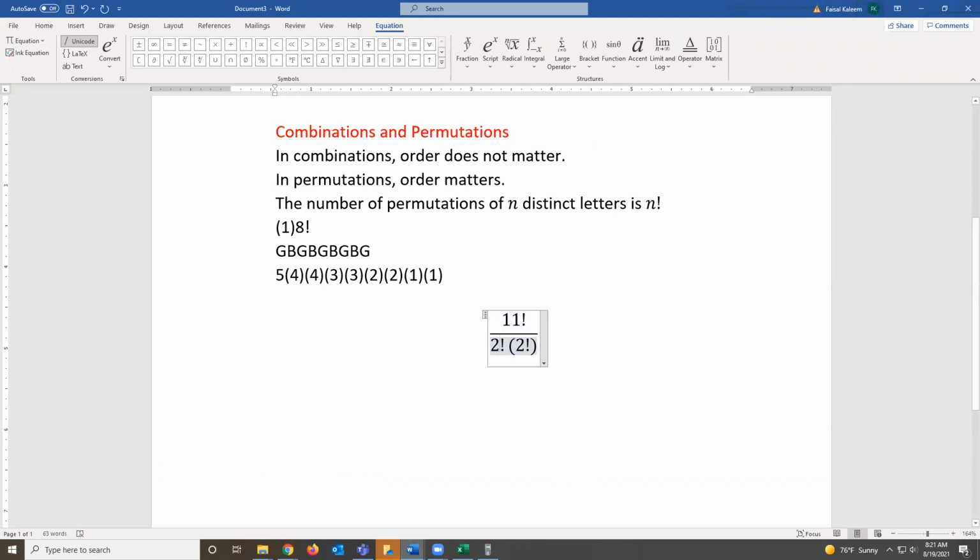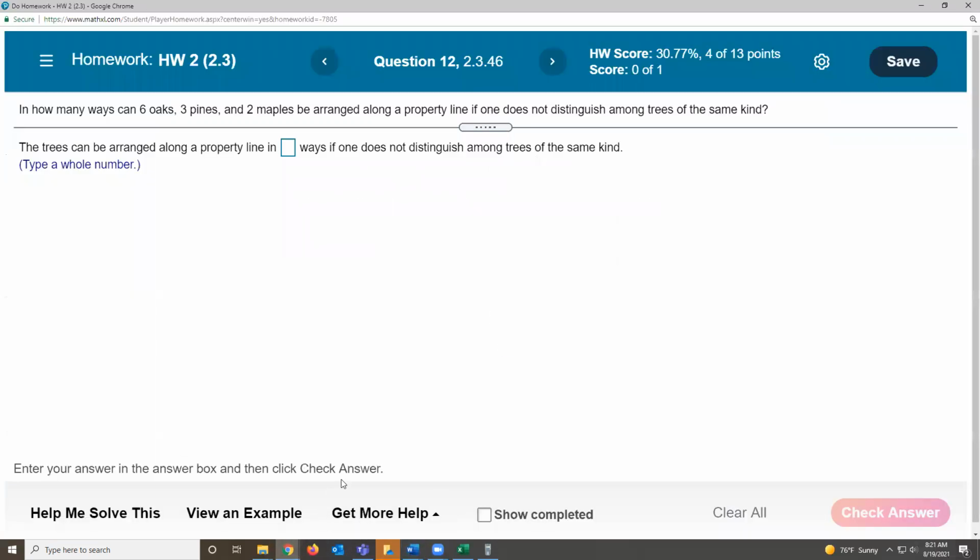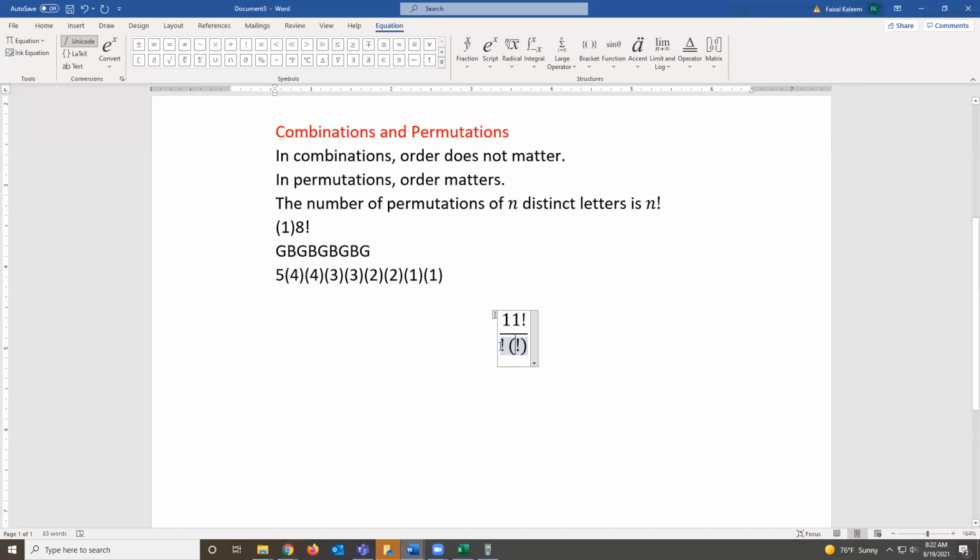But now you have some repetitions going on. And what we have here is that there are 6 oaks, which are all the same. So that's like repeating letters. So you would divide by 6 factorial for 6 oaks, 3 factorial for 3 pines, and 2 factorial for the 2 maples. So 6 factorial, 3 factorial, and 2 factorial.